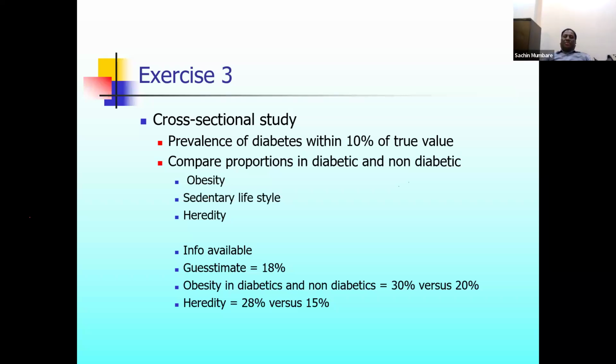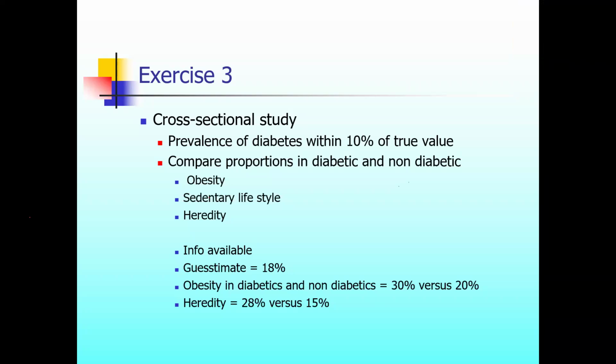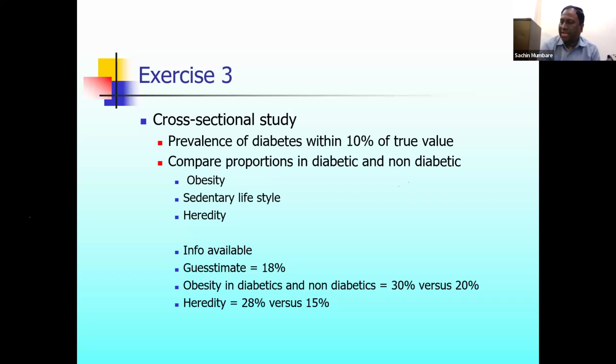Again, I'm telling you, confidence interval of 95, power of 80, and ratio of 1. 291. Others, do they agree with this 291? For obesity and diabetic, 291. All of you agree?